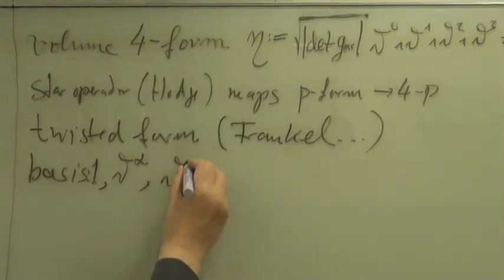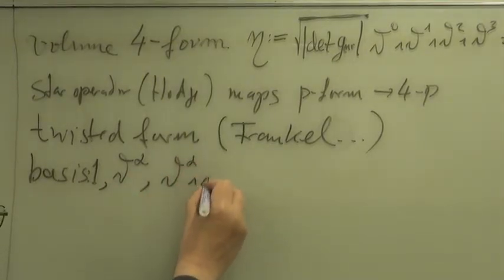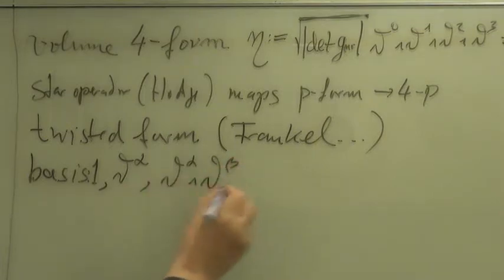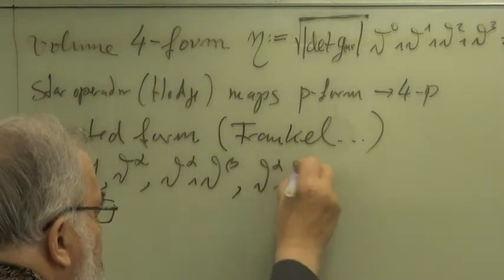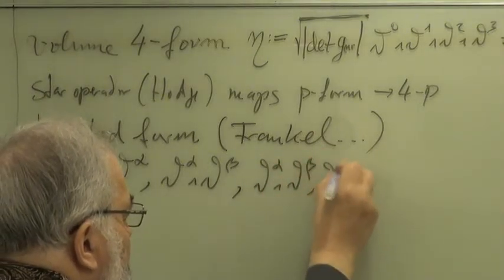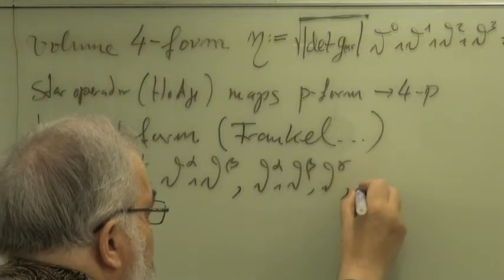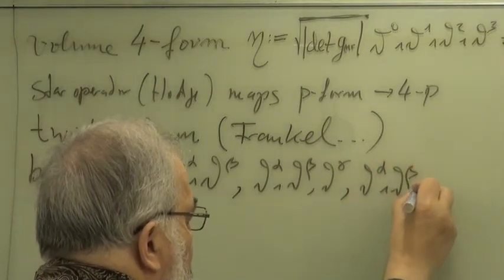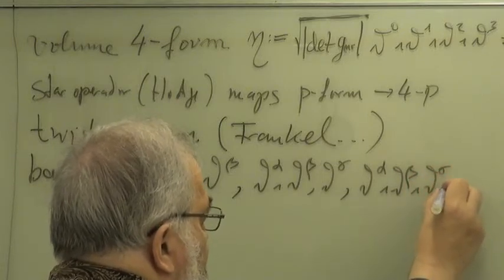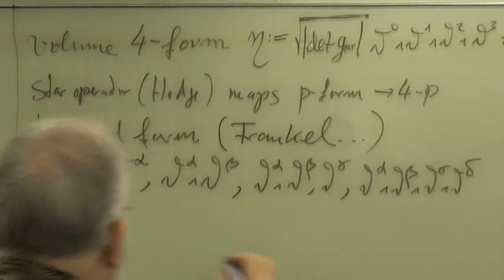Then we can always develop with respect to 2-forms: theta^alpha wedge theta^beta, and theta^alpha, theta^beta, theta^gamma is the 3-forms. Theta^alpha wedge theta^beta wedge theta^gamma wedge theta^delta is a 4-form.